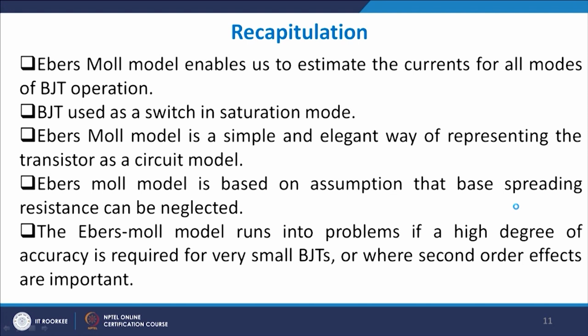With this idea, let me recapitulate what we have done in this module. We looked into the Ebers-Moll model and tried to estimate the currents for all modes of operation of the BJT. Please ensure that the current will be typically very high in the active region, almost 0 in the cutoff region, and moderately good in the other regions. In the saturation region, it will be relatively high but fall very fast.